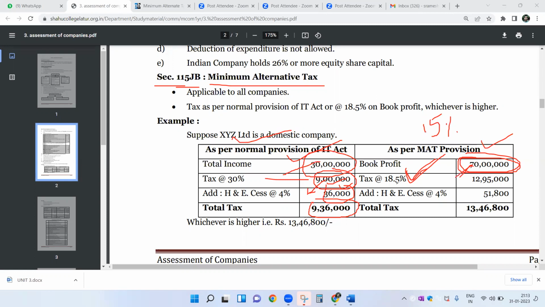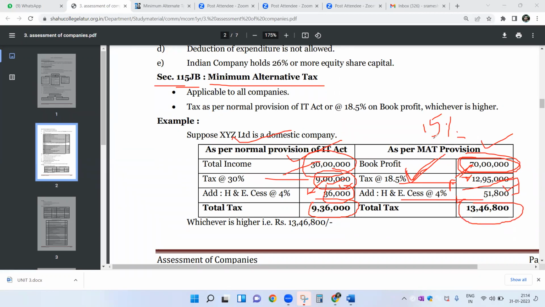On 70 lakhs, 18.5% is 12 lakh 95,000. On that, 4% health and education cess is 51,800. If you add these two, it is 13 lakh 46,800.